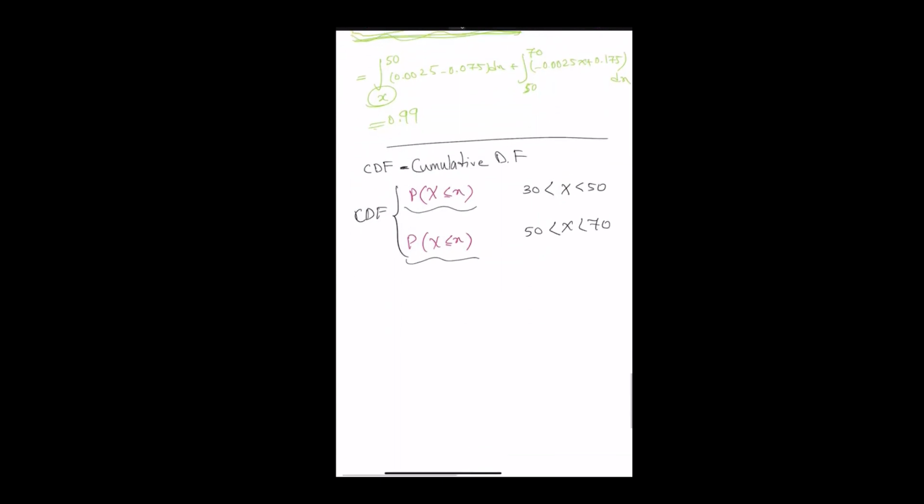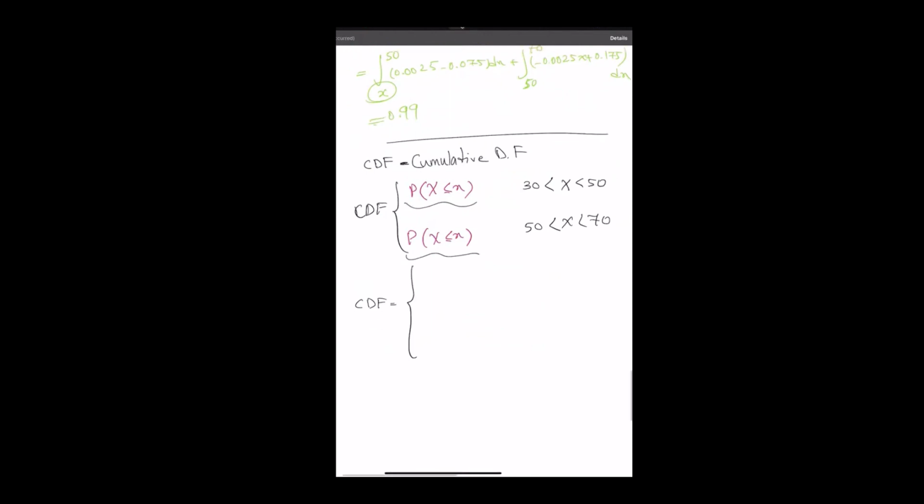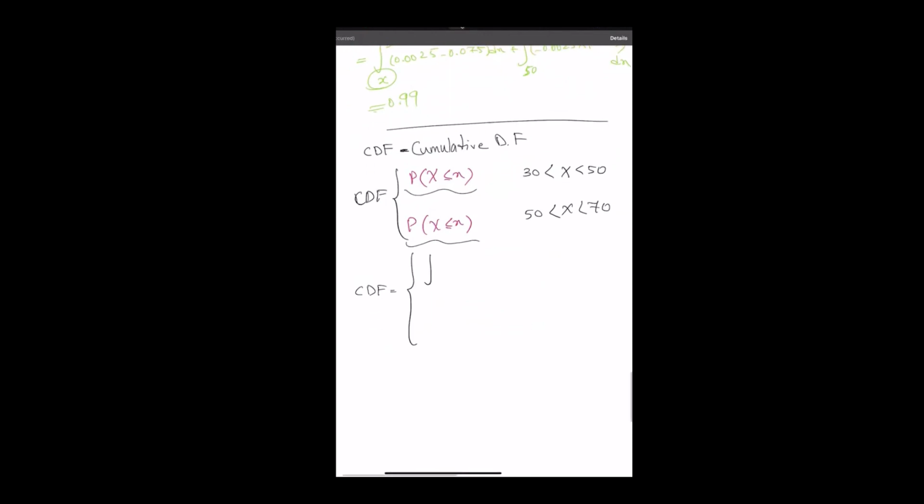Now let's see how we do this. CDF equals the integral from the lower bound, which is 30, to x, of f of x: 0.0025x plus 0.75 dx.